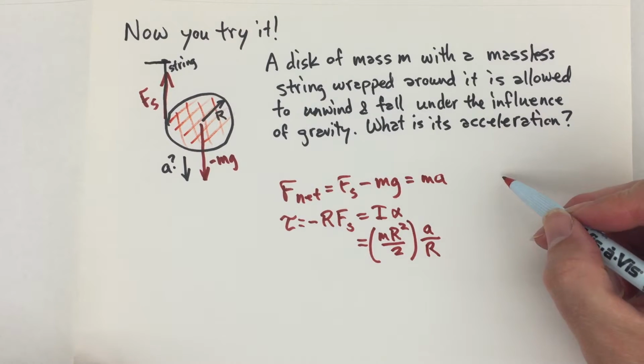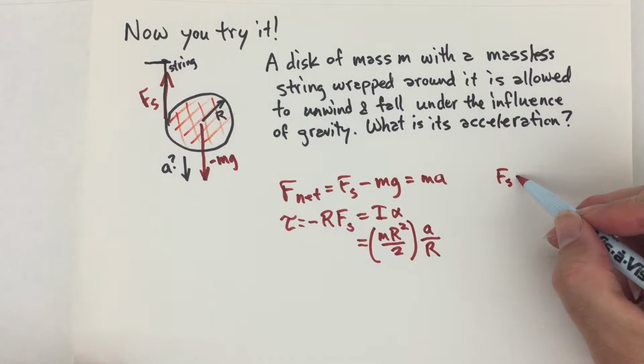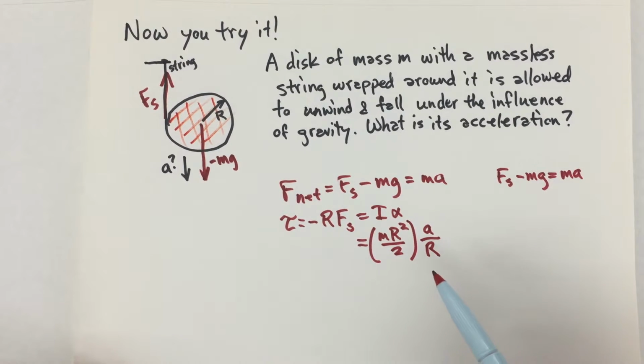First, we're going to rewrite the linear equation. And here, I'm going to notice that I have this minus r Fs, the force of the string, is equal to m r squared over 2 a over r.